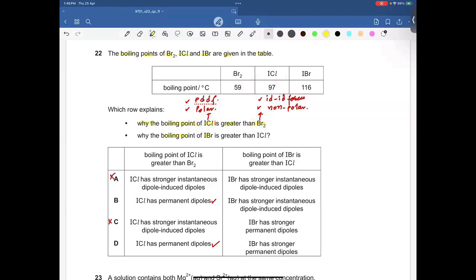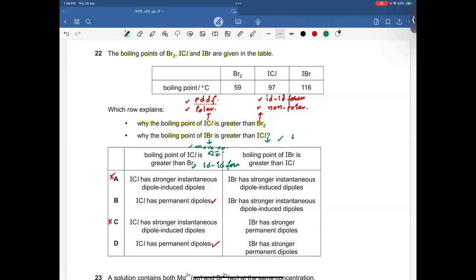Why is the boiling point of IBr greater than ICl? Yes. IBr, because bromine is more electronegative, so it has more polar... No, no, no. IBr has more number of electrons, so it has greater instantaneous dipole-induced dipole forces.